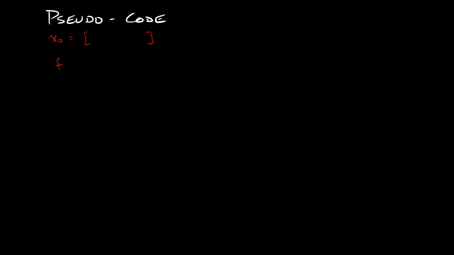So I would say I need f to be some vector of equations, with f1, f2, f3, and however many I have. A lot of different ways to do that. For those of you working in MATLAB, probably the easiest way would be an anonymous function, which would look something like this.